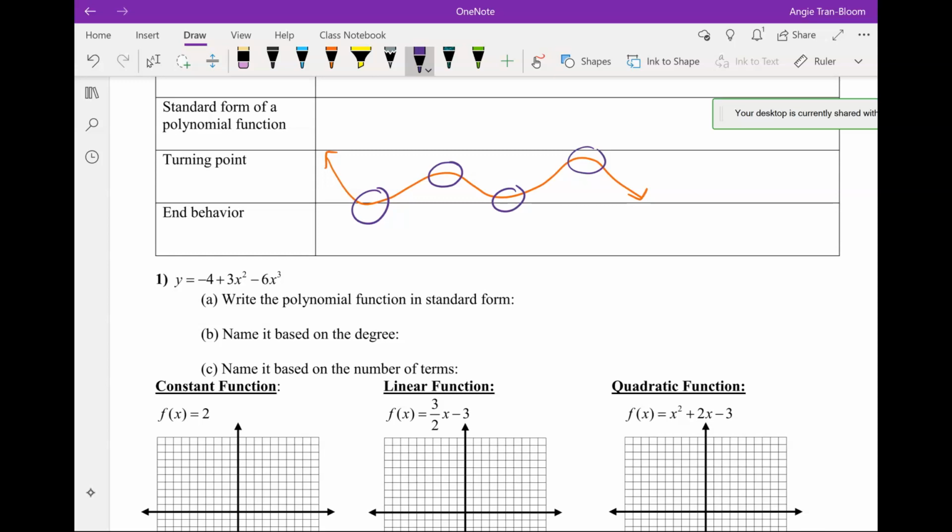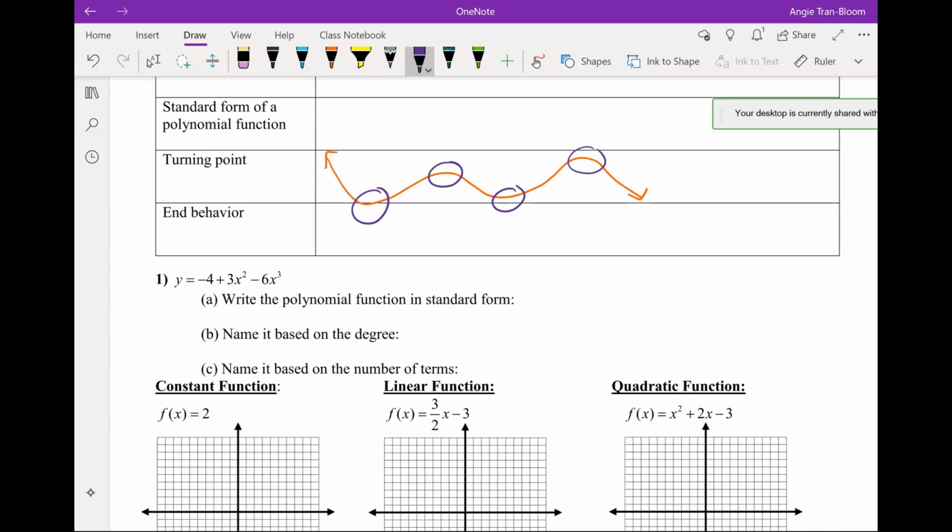Okay. Now end behavior is related to this graph. So Karis, what did you write down for end behavior? So what does that mean? Oh, what is going on at the end of each? Okay, what's going on at the end of the graph? So it's talking about the y value.